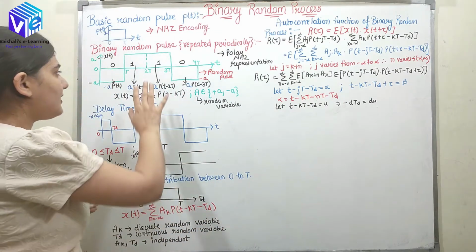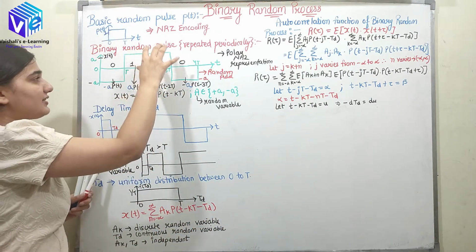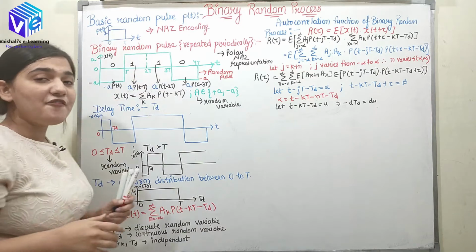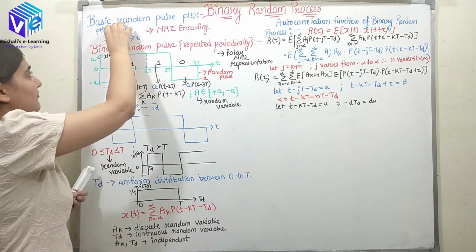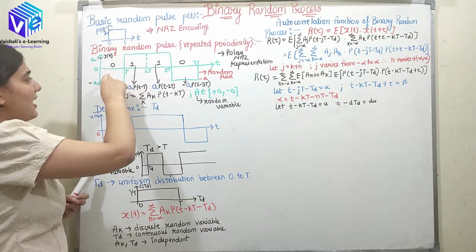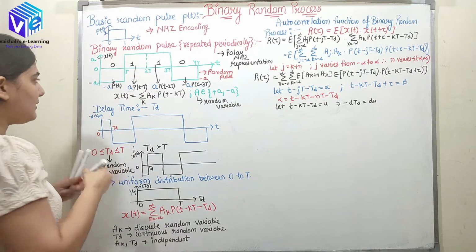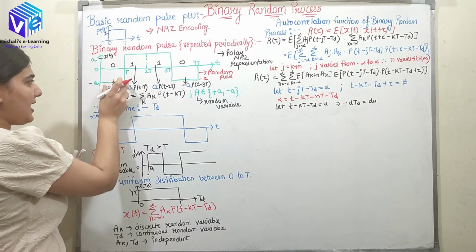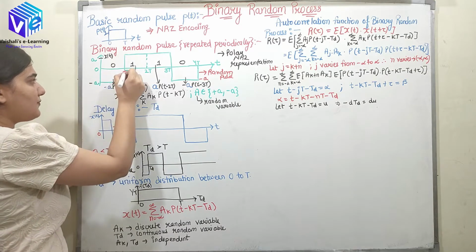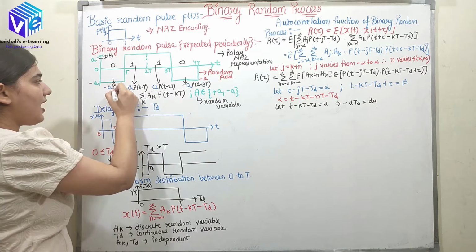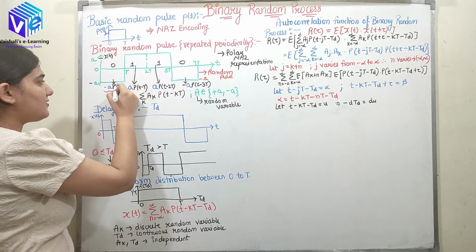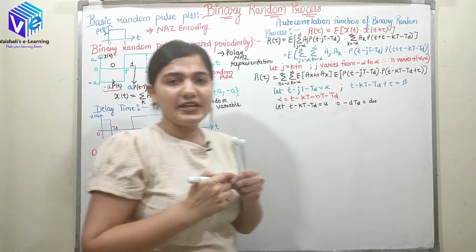Now if I have to generate this signal with the help of the basic random pulse, how can I generate it? If I take this pulse and multiply it by minus A, I can generate this pulse from 0 to T with reversed amplitude and the same duration. So it is minus A into p(t).